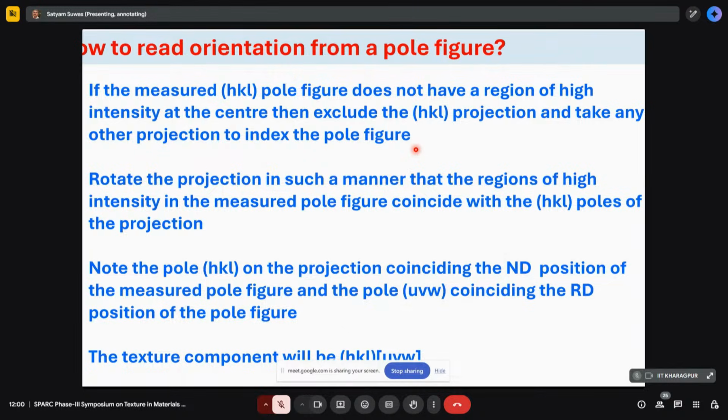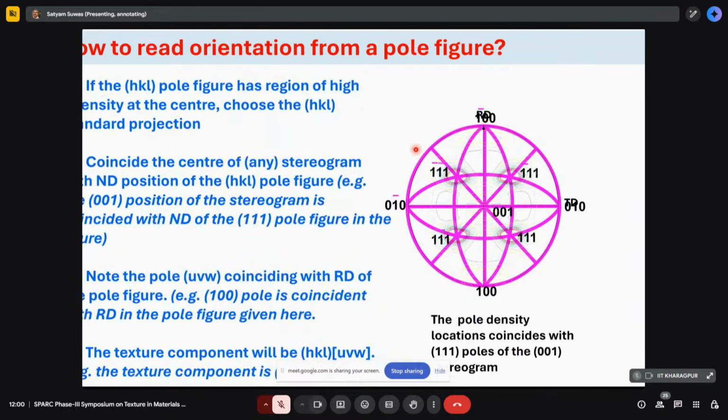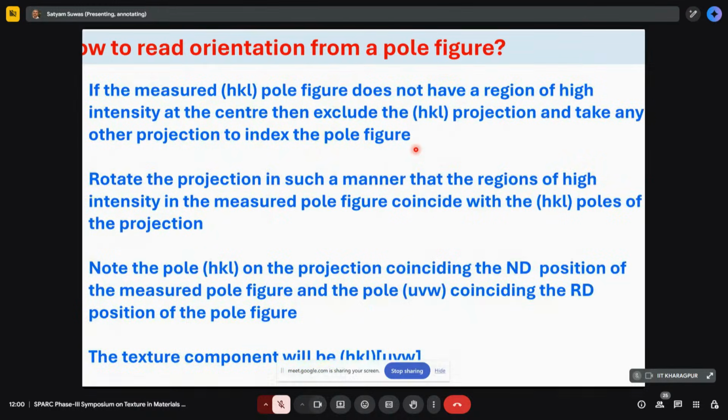Because if the central intensity is not there, that means that plane is not parallel to the sheet plane, so you have to go for another pole figure. For example, this was the 111 pole figure, but I started with 001, so it matched. Suppose I would have started with 110, then it wouldn't have matched, right? The intensity distribution wouldn't have matched like this.